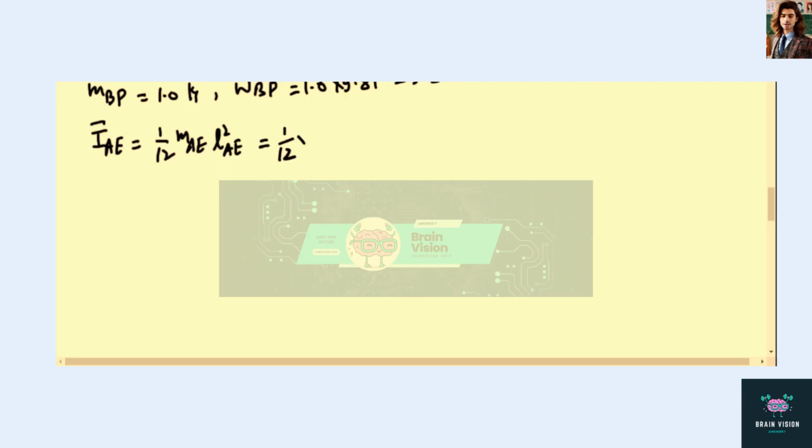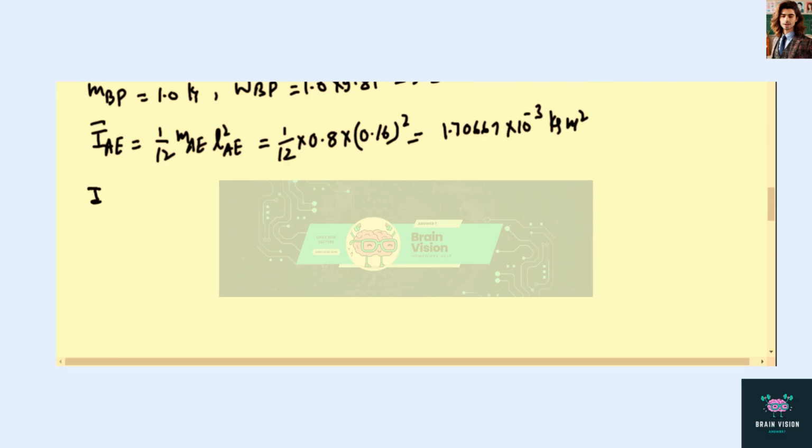Mass is 0.8 kg, length is given 0.16 meter. So its moment of inertia we will get 1.70667 into 10 to the power minus 3 kg meter square.